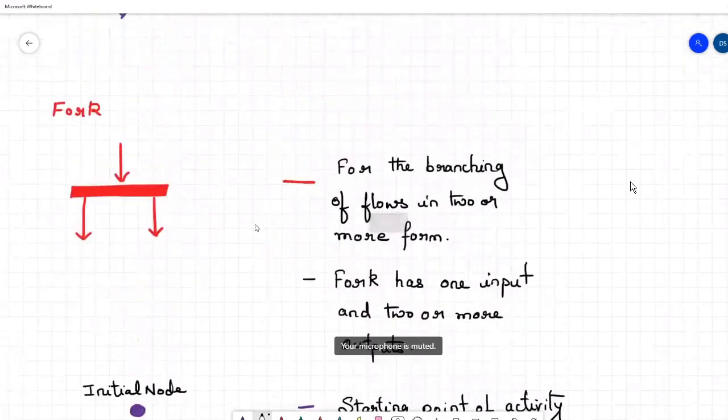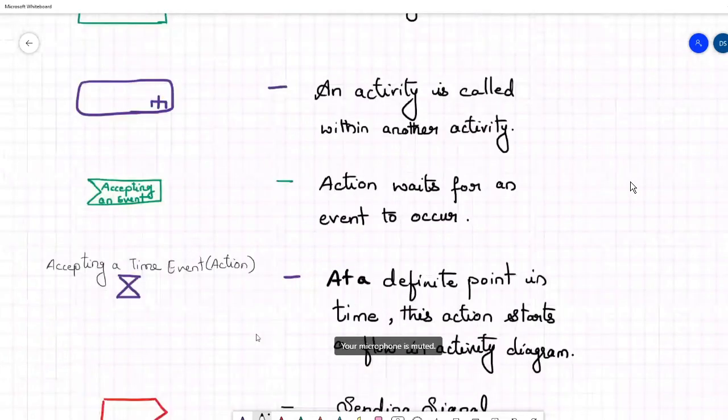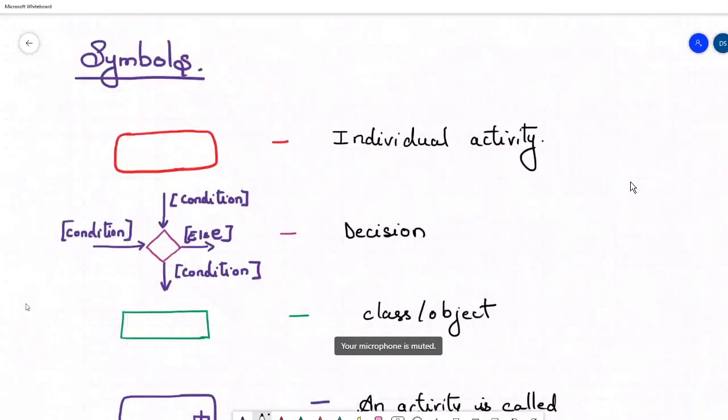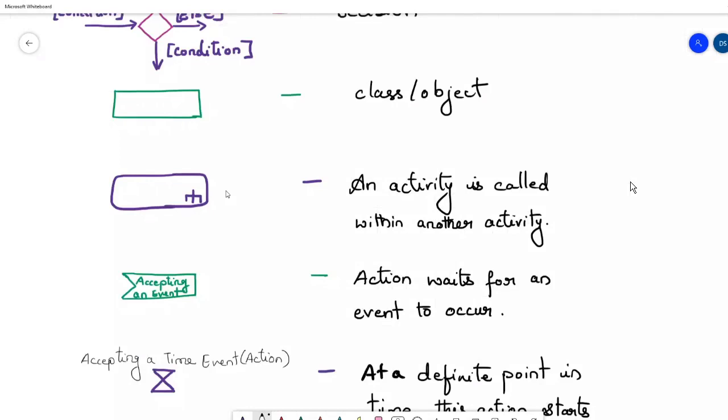We usually use this symbol to draw the individual activities or actions, and this diamond for taking a decision. If you have some objects or classes, we use this rectangle. Then if we are calling an activity within another activity, this symbol is used, and we say that an activity is being called within another activity.